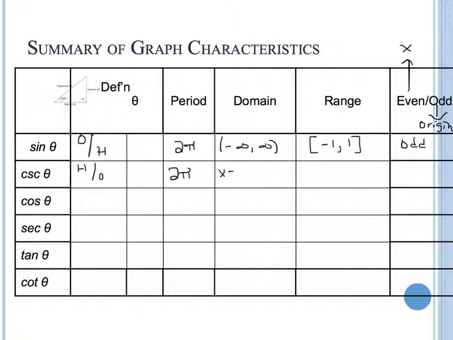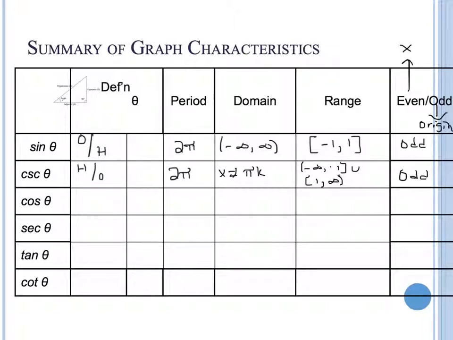So x cannot equal pi k. The range goes from -infinity to -1, union 1 to infinity. And this is odd. I wonder if it's a coincidence that sine is odd and cosecant is odd.